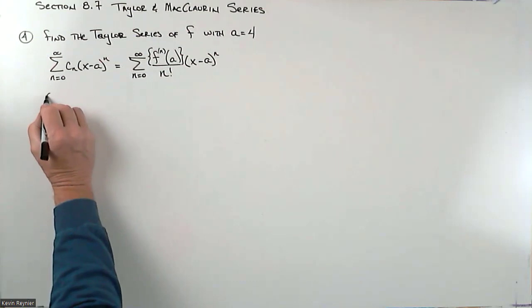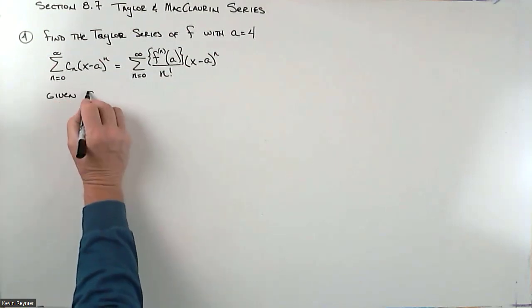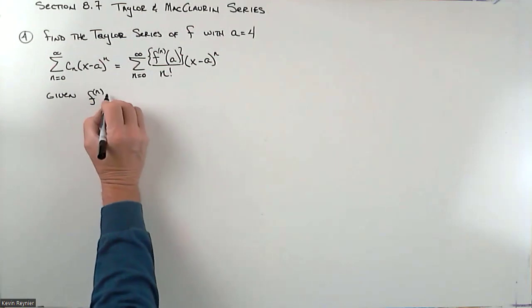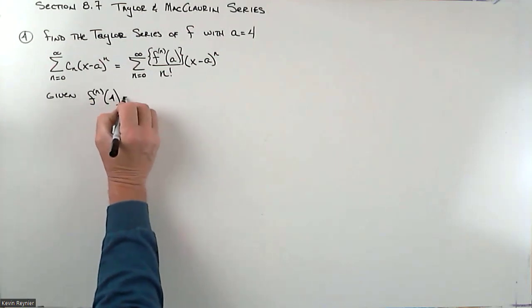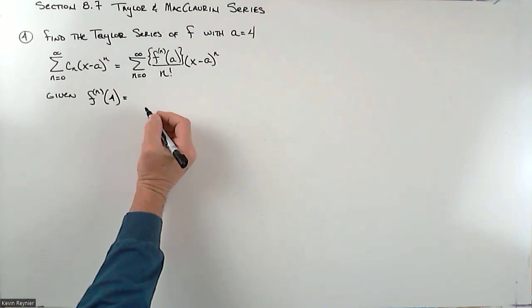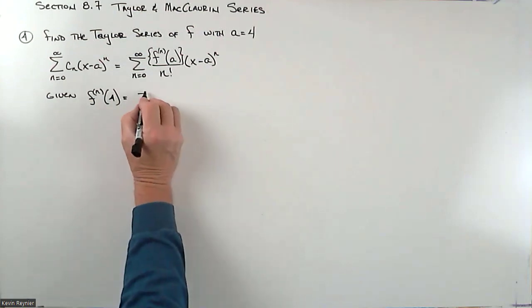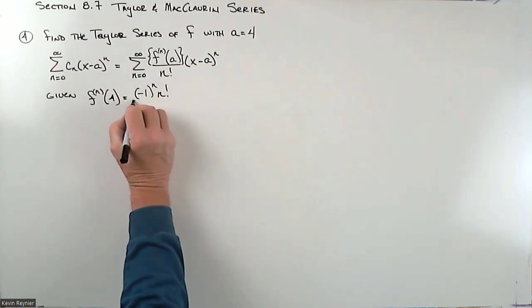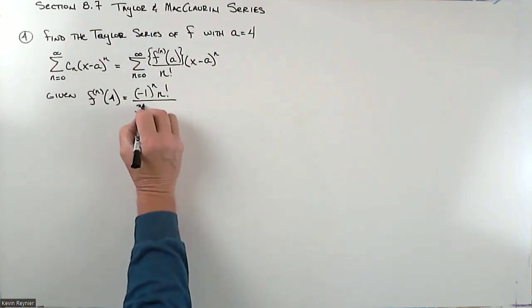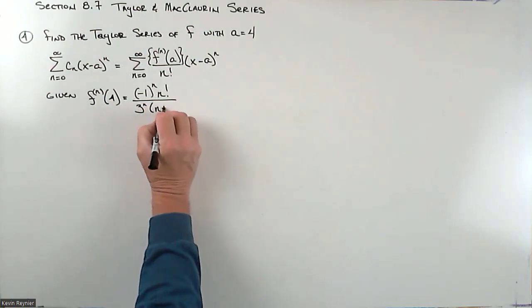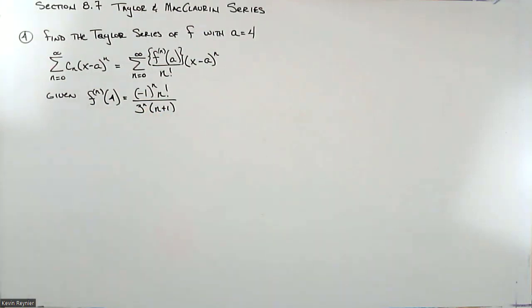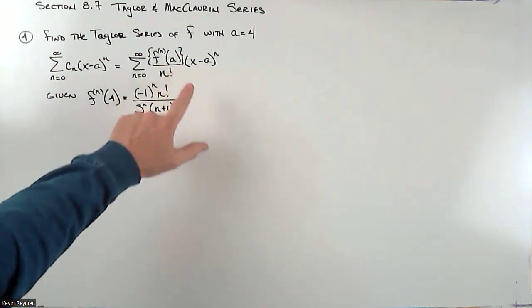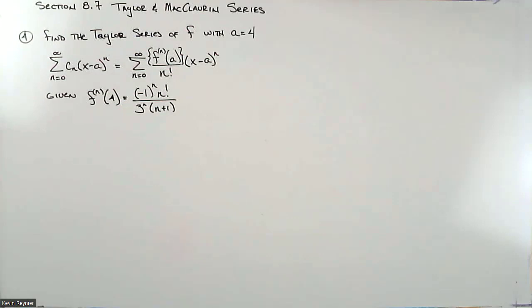We're given that the nth derivative evaluated at 4 turns out to equal, and I'm just taking it out of the book, -1 to the n times n factorial divided by 3 to the n times n plus 1. Okay, so all we're doing here is substituting this into our formula for the nth derivative evaluated at a. In this case, a is 4.